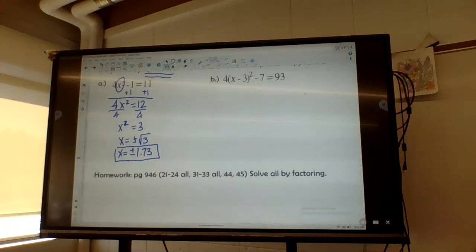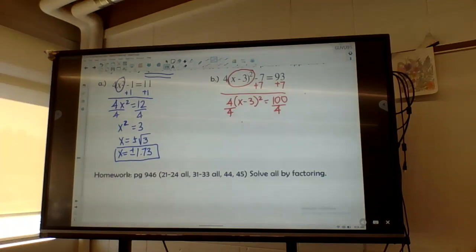Whereas the next problem, we're isolating this parenthesis. So we're going to move the 7 over first. We're going to divide by 4. And at this point, this is where we have to take the square root. So we're going to take the square root of each side.